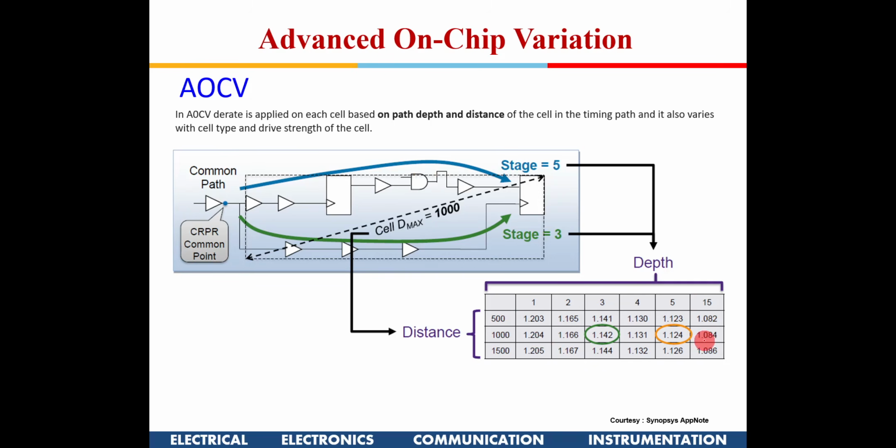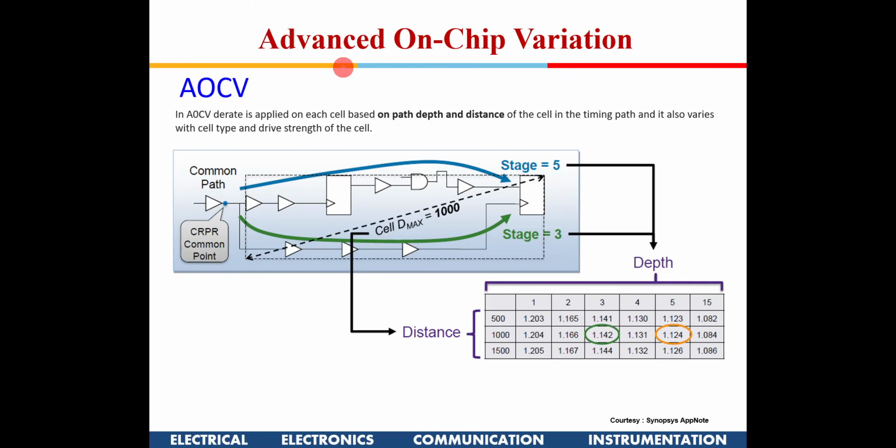That's what this kind of table given by the fab lab shows. For example, if it is only 3 stages, the delay per unit is 1.142. If it is 5 stages, then per unit delay you can take as 1.24, rather than taking 1.142 into 5 as the total delay, I can take a slightly lower delay, because the probability of each of them getting fabricated at the extreme 10% is much lesser.